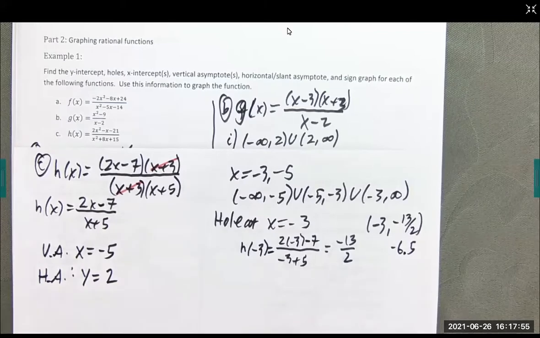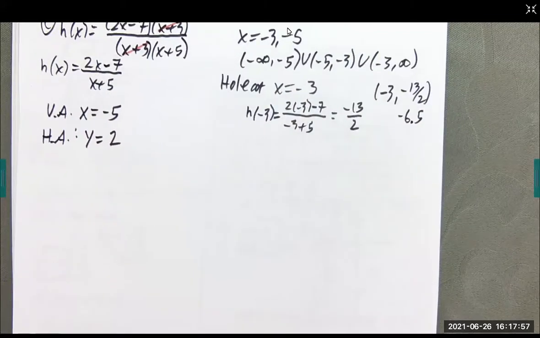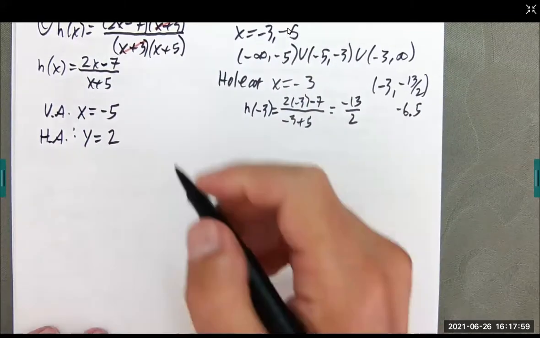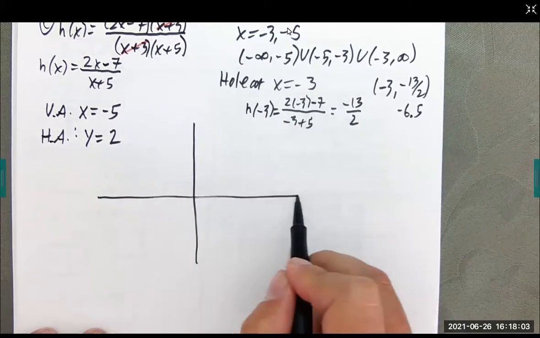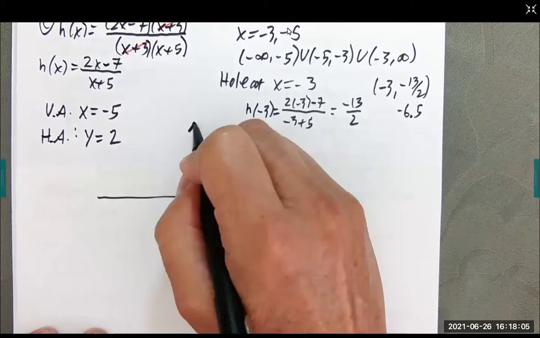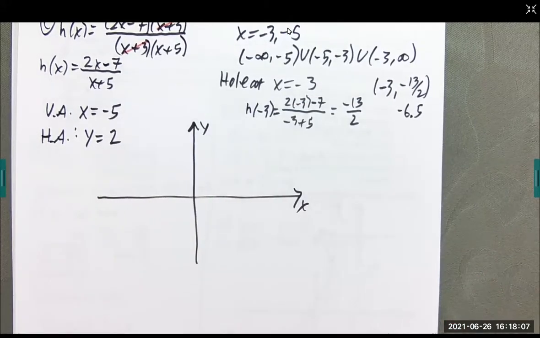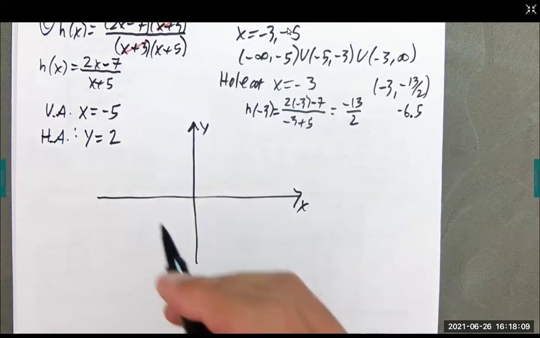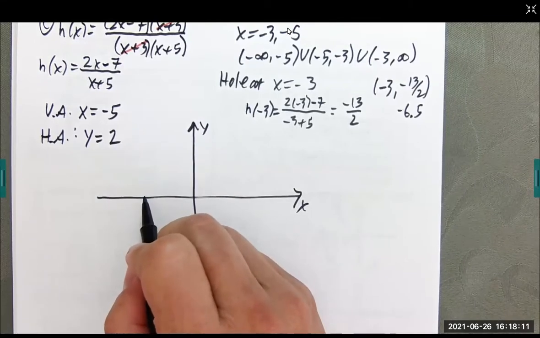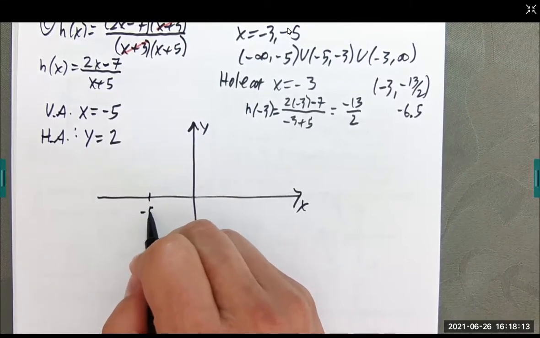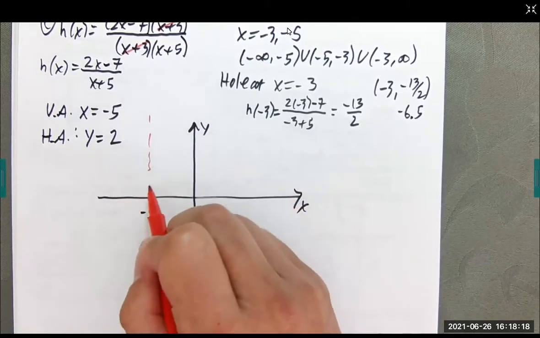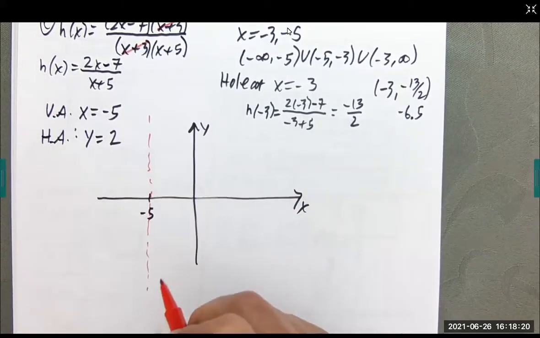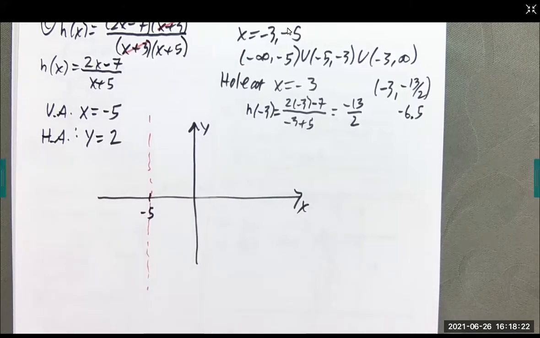And let's see what that looks like. So we have a vertical asymptote at -5. Let's go here, -5. Horizontal asymptote at 2.